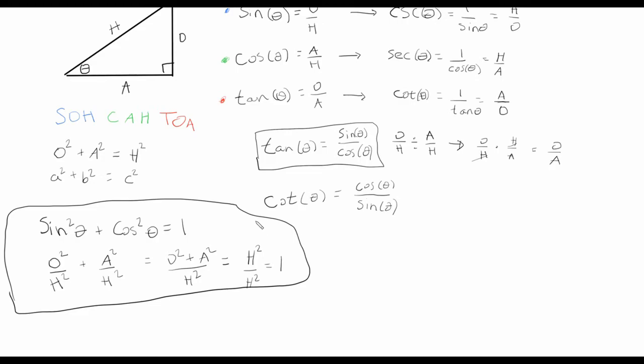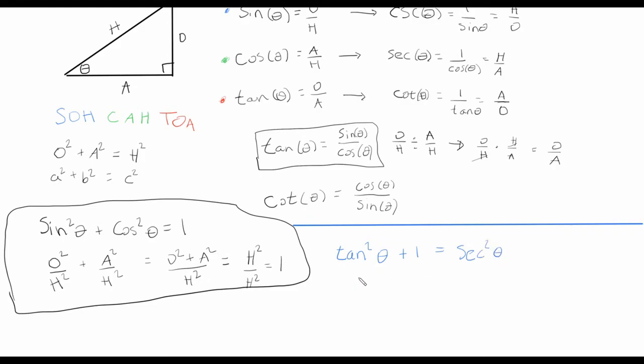Okay, we'll switch colors and take a look at another one. Let's draw a line to break this up a little bit. The other one is tangent squared theta plus 1 is equal to secant squared theta.